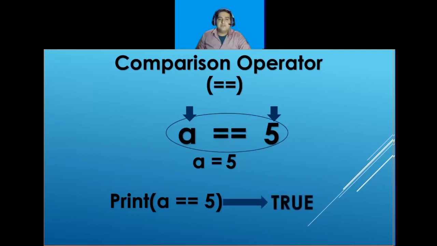So it is giving me my output in boolean. Now let's say if I drop the value of 5 and instead the value of a is now 7. In this case the value of a is 7 and we are comparing the value of a, which is 7, with 5. So now the output will change to false.